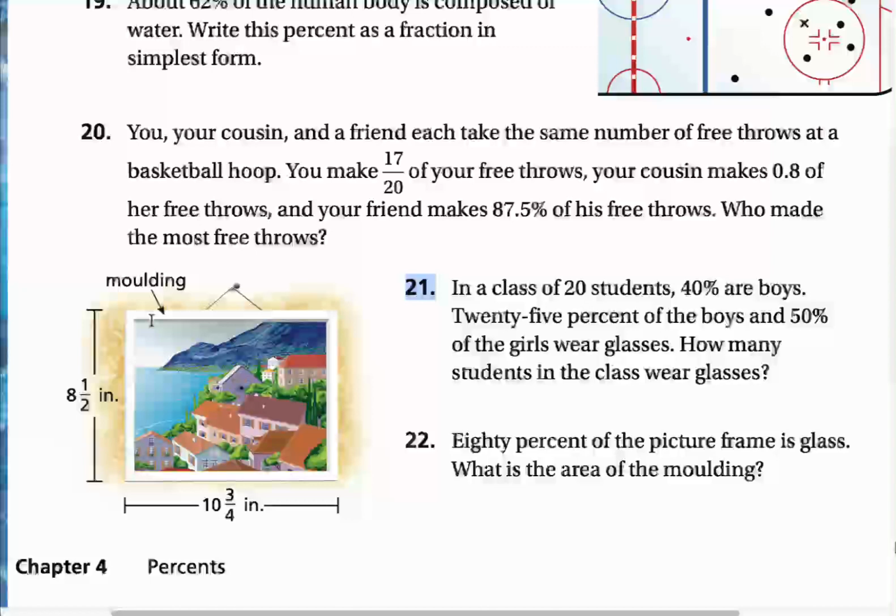Again, if 80% is glass, what is the percent of the molding, the white area here? The whole is 100%.